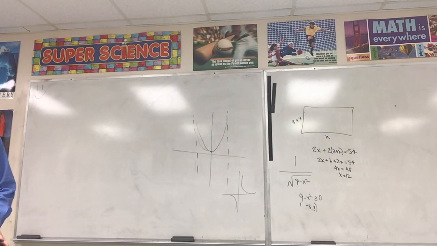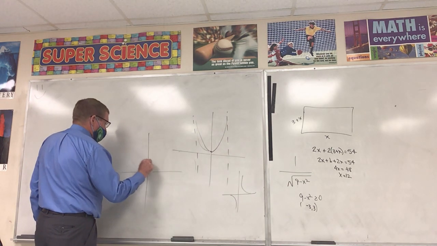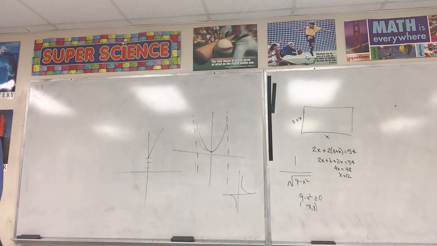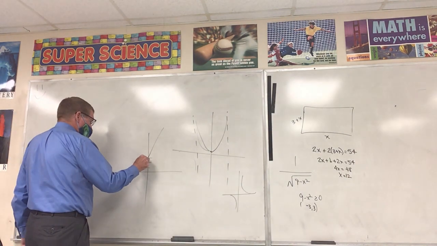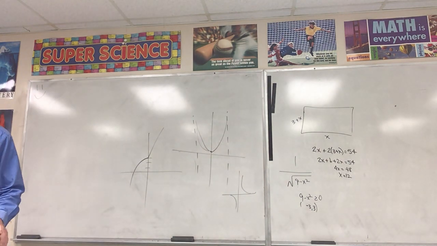Number 20, 2x plus 3 when x is greater than 0, and 3 minus x squared when x is less than 0. Do I have a discontinuity at 0? No, I do not have a discontinuity at 0.